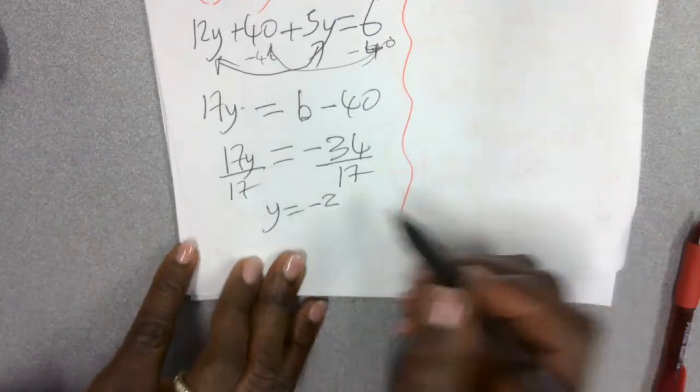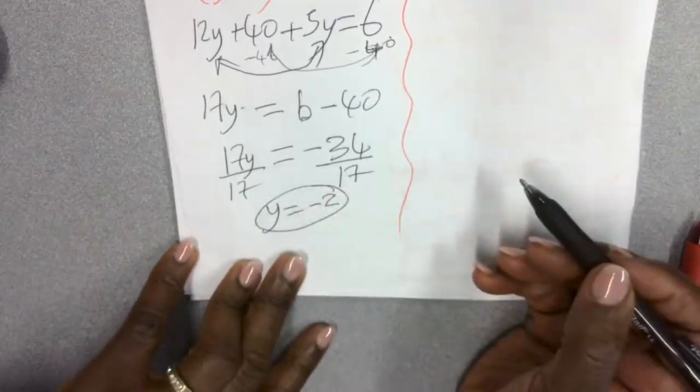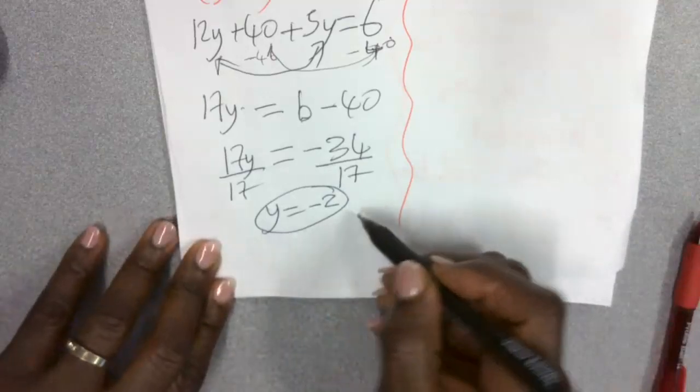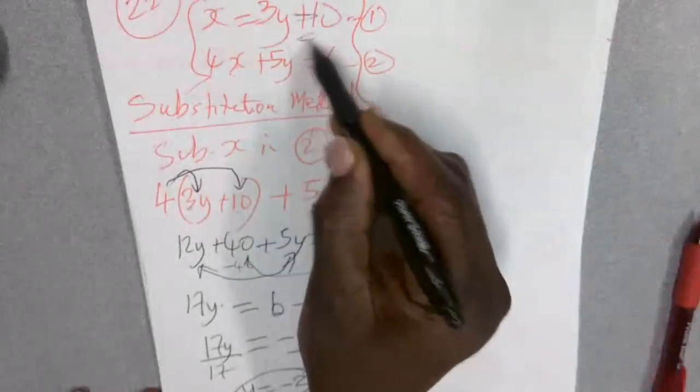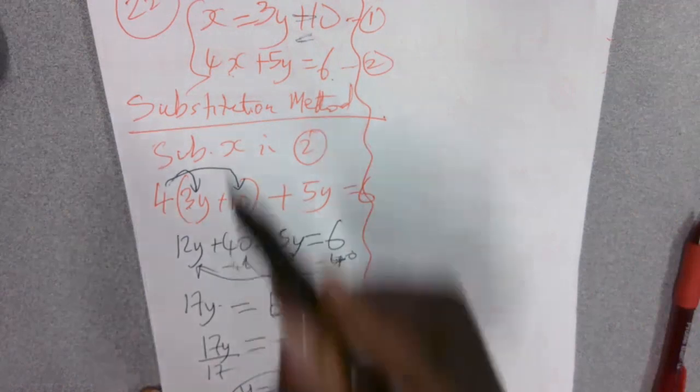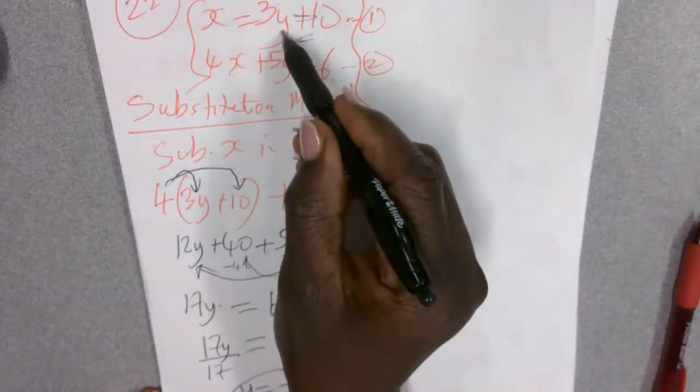Do you agree? All right, now that we have found the value of y, we can back substitute right here and find the value of x. So y is negative 2. Then I can find the value of x here.